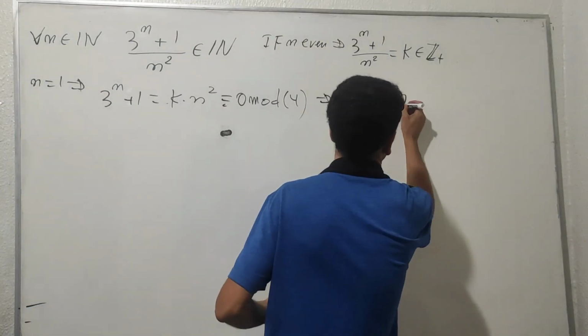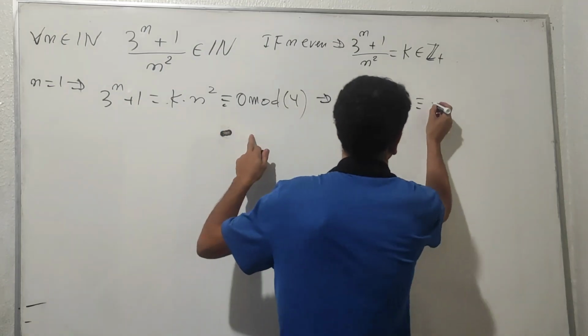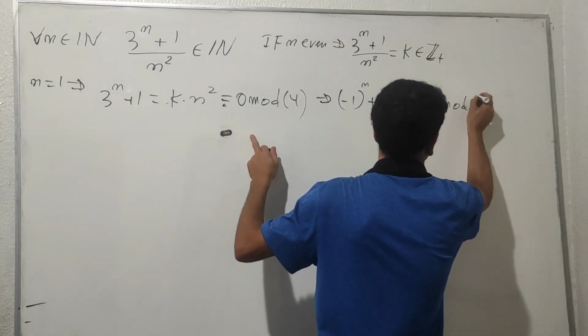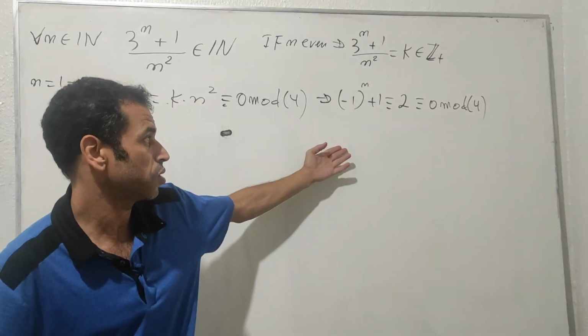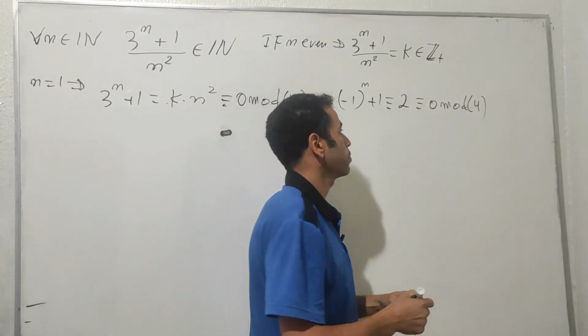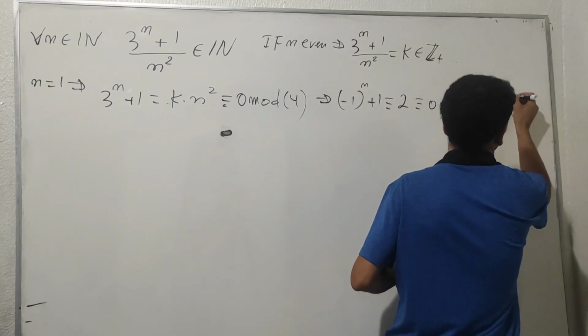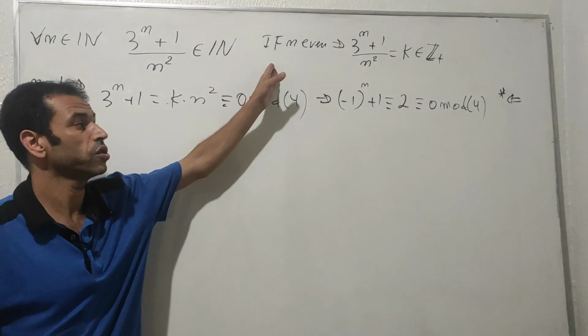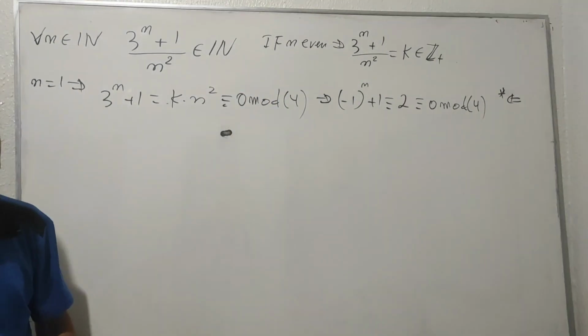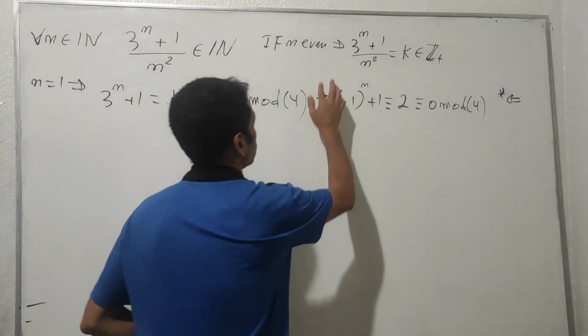So we get a remainder 2. 2 is congruent to 0 mod 4? This is definitely not true because we get two different remainders. So this is impossible, which is a contradiction, which means we have no even integer here, which means n must be odd.